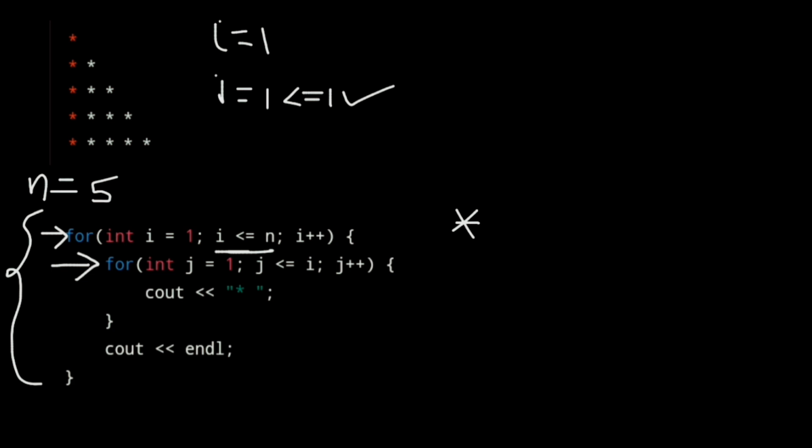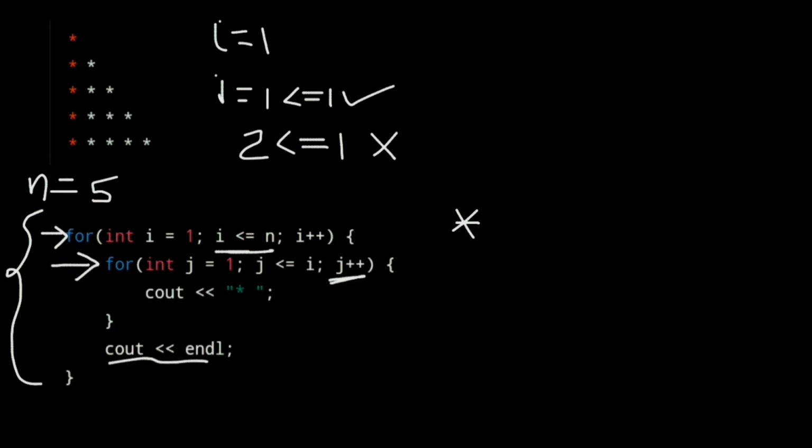After this, with the help of the increment operator, the value of j increases by 1. Here j becomes 2, and 2 less than or equal to 1 is false, so it comes out of the inner loop, and we have a new line with the help of cout endl.